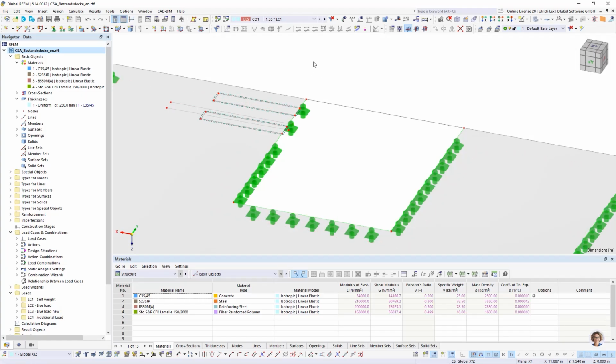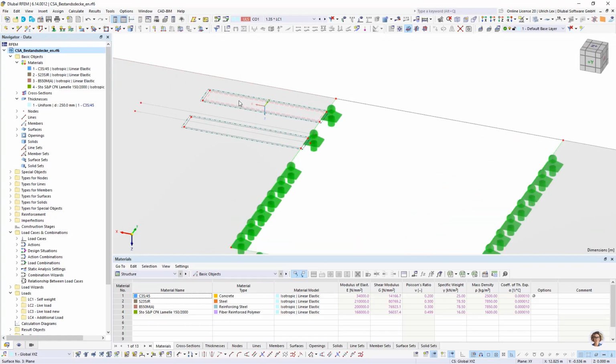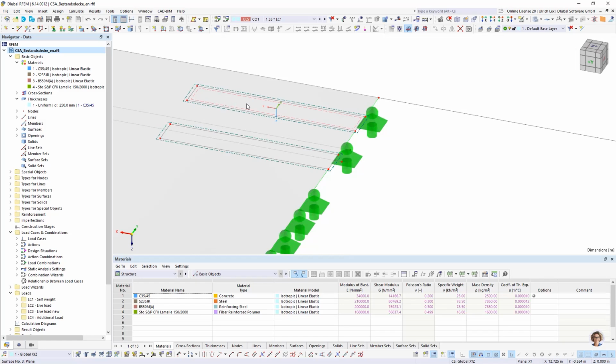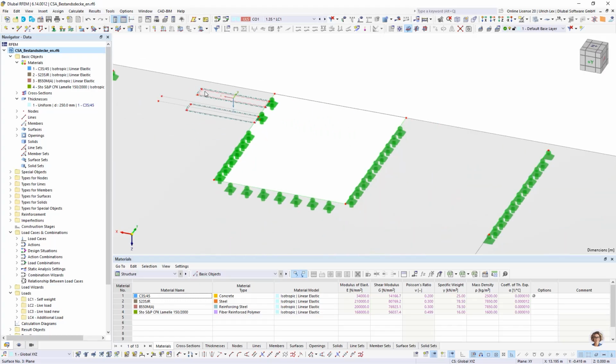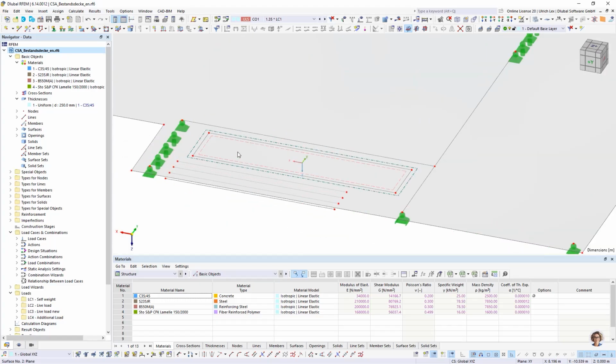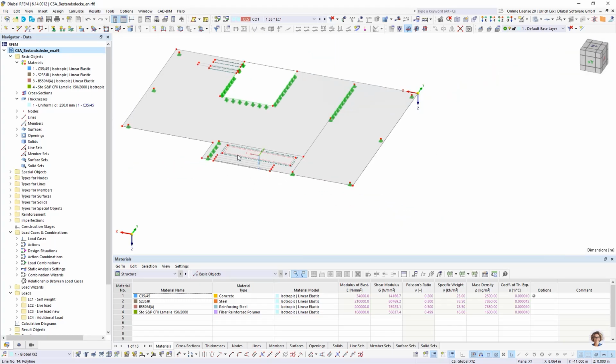What I want to say is, here I've created already some openings in the surface. Why did I do this? It's because in the second state we want to have an opening here, so I can take off this surface. But at the beginning, I have to create an opening and fill it with a separate surface, and the same here in the front. The same is with the supports.